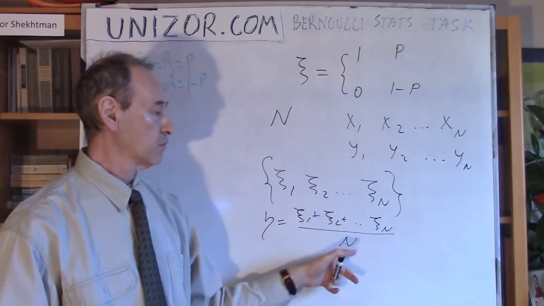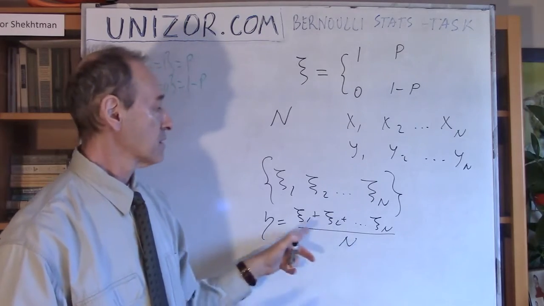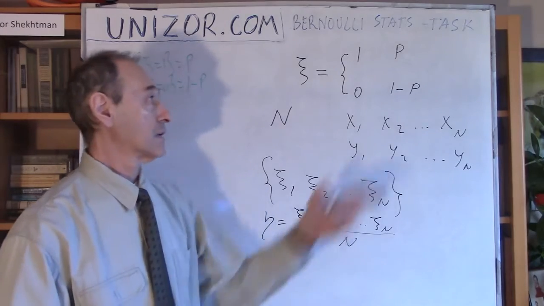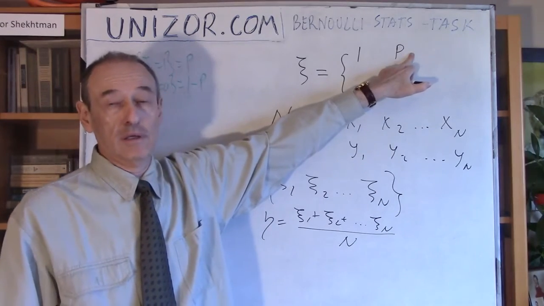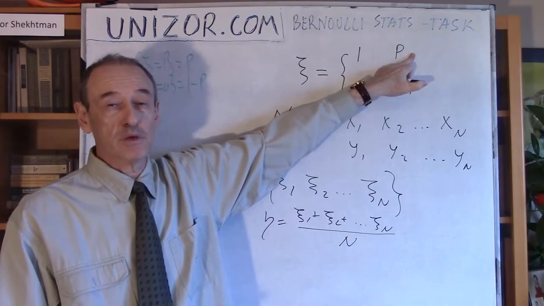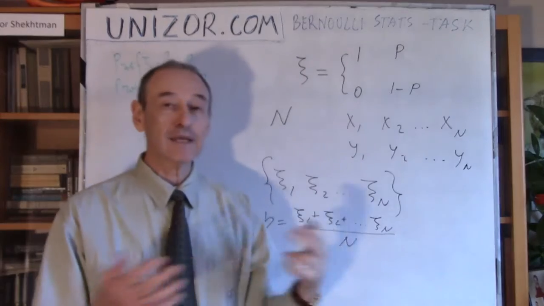Each one of them is equal to 1, divided by n is equal to 1. So this sum can be 0, this sum can be 1. And I know actually a priori that p is a probability, which means it can be anything from 0 to 1, right? So I can get 0, I can get 1, I can get anything.